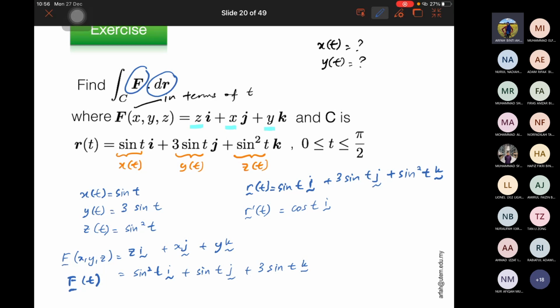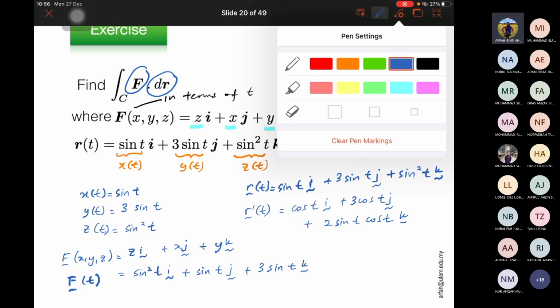Bezakan sin lagi dapat 3 cos t j. Bezakan sin square t k akan jadi tambah 2 sin t cos t k. Okay. So dapat t daripada 0 sampai pi per 2.